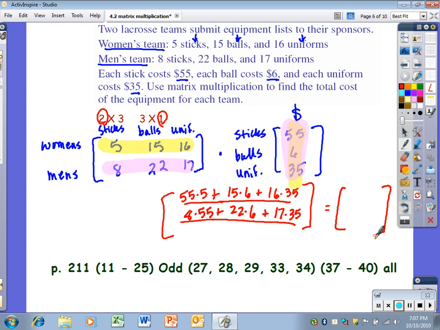And then when you figure out your results, what should we end up with? $925 for the women's equipment, and $1,167 for the men's.